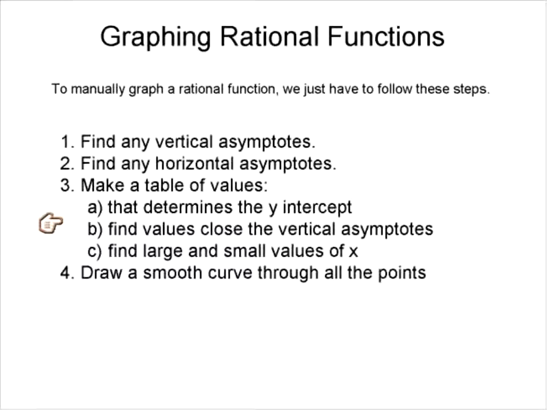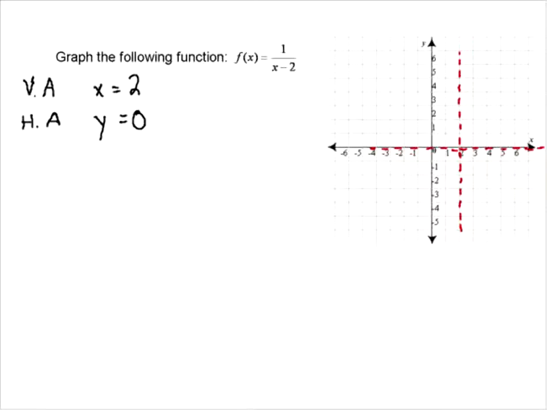So now let's look back here, because we've done 1 and 2. Let's look at 3. We're going to make a table of values that determines the y-intercept, and we're going to find values close to the vertical asymptotes. Because what we want to do is determine the behavior of this graph close to those asymptotes. So let's go back and make ourselves a table of values.